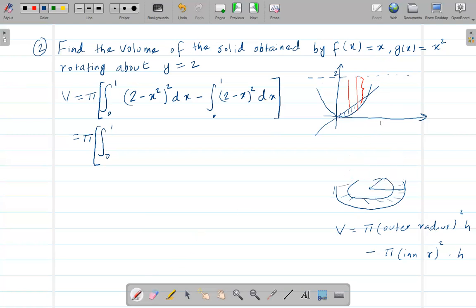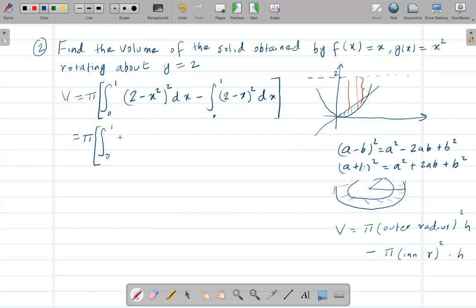We know that (a minus b) whole square is a square minus 2ab plus b square, and (a plus b) square is a square plus 2ab plus b square. This is a formula. I think you guys learned this formula in college algebra, or in the algebra class you took.